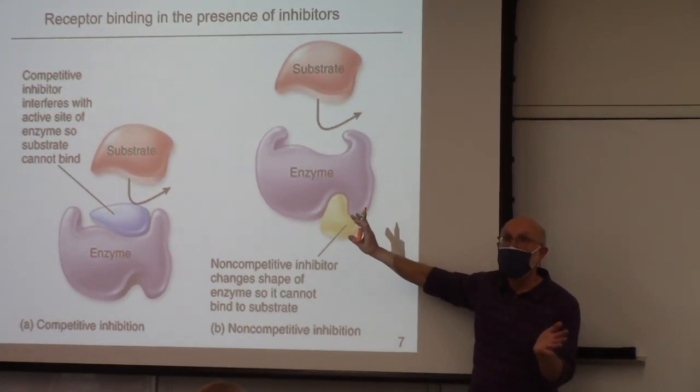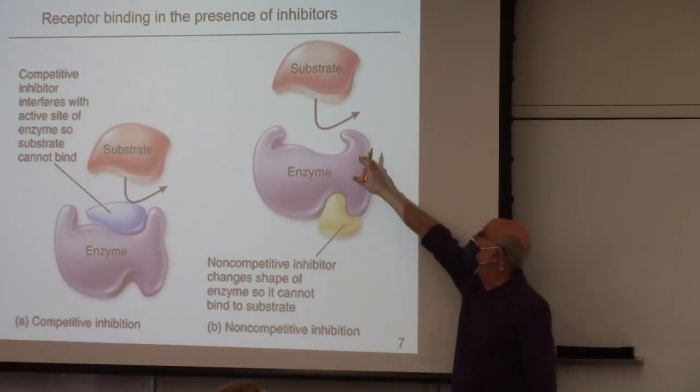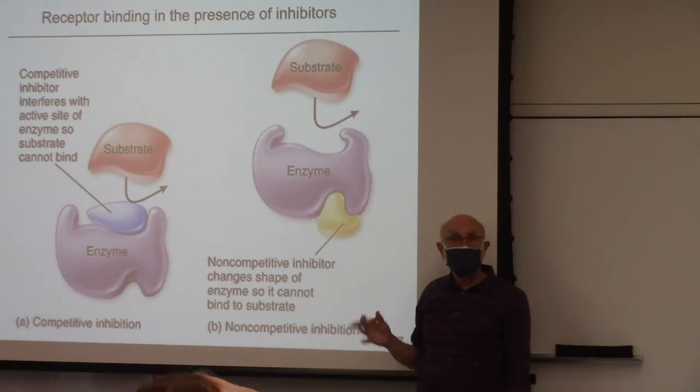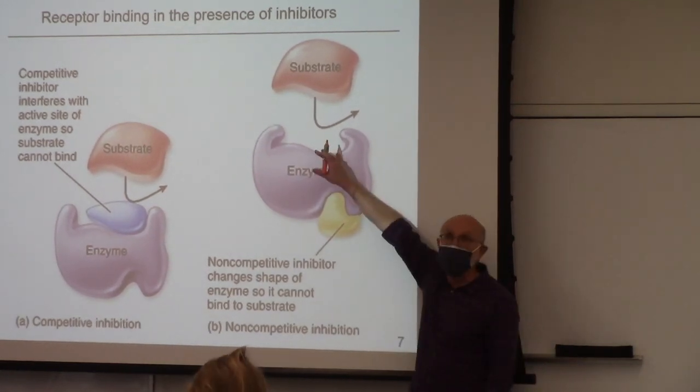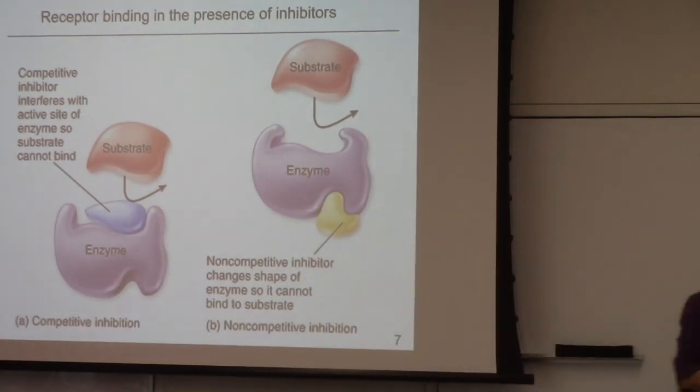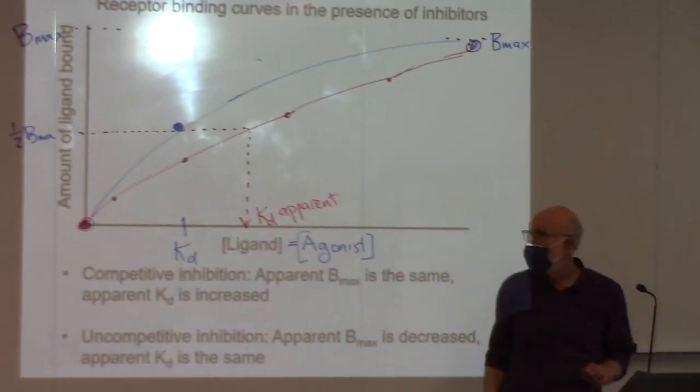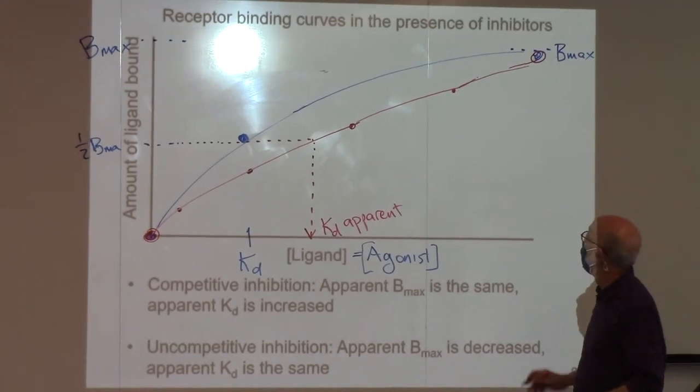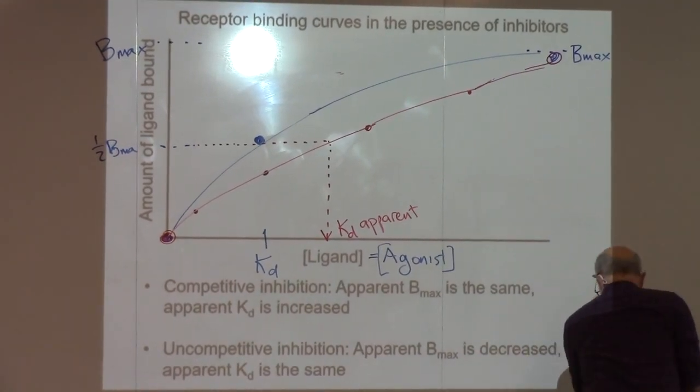Some of the time. So it's like the number of sites is decreased, because some of the time there is no site available. So we have a different Vmax.